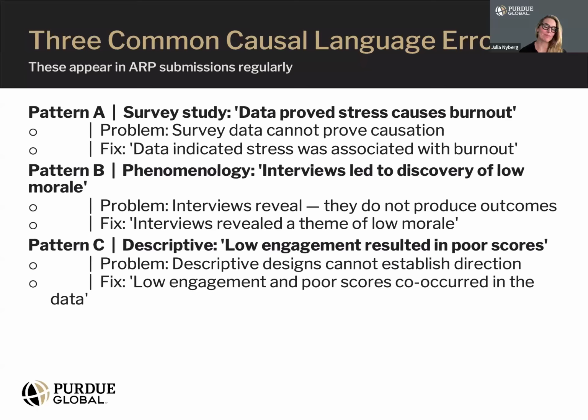You can fix this by using the term indicated or associated with. Both are accurate and appropriate for survey data. So if you are using a survey in your applied research project, definitely pay attention to pattern A.